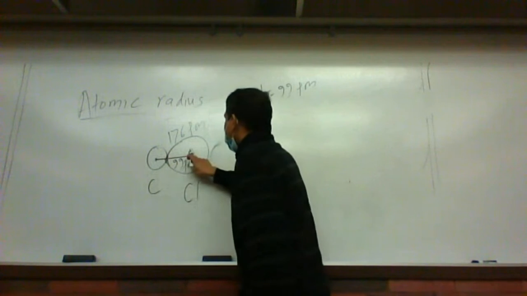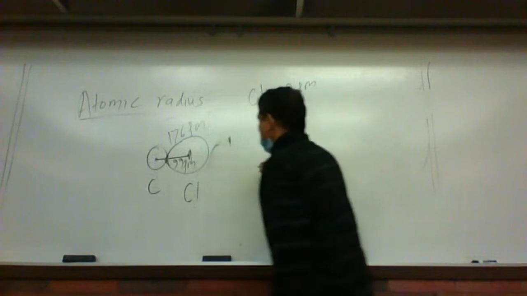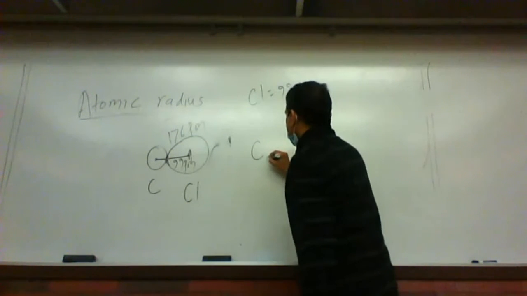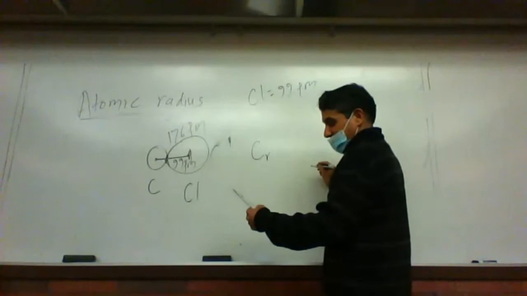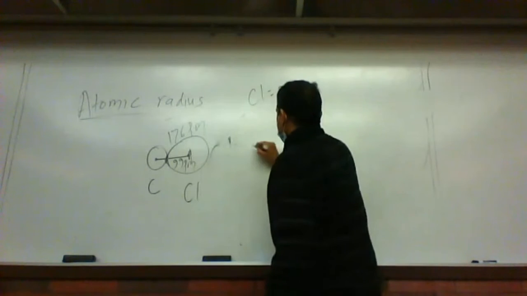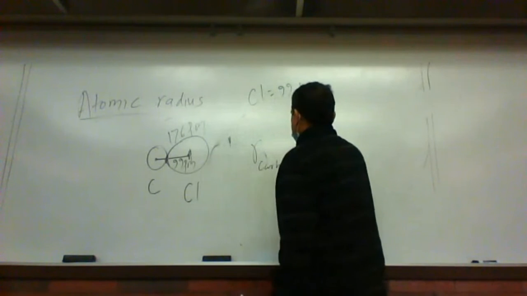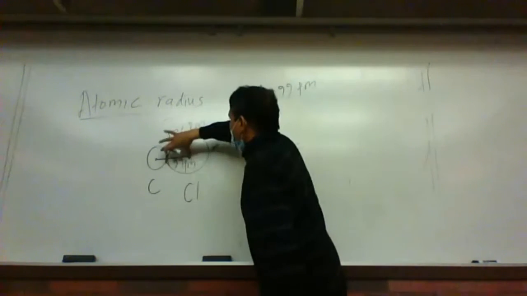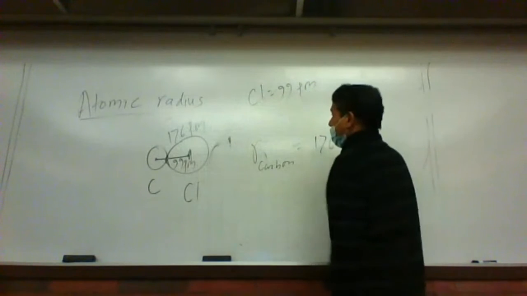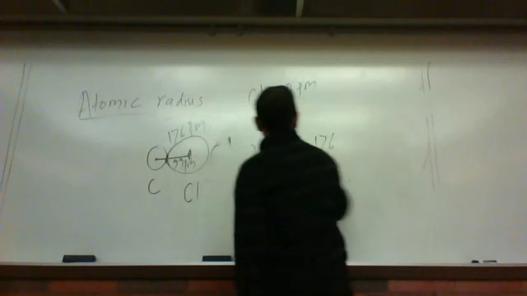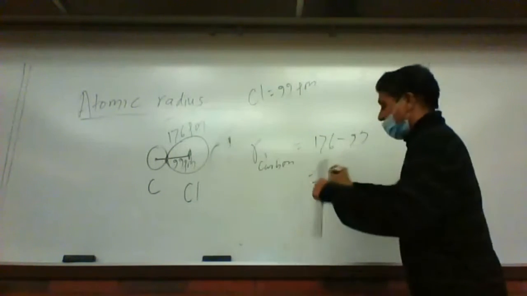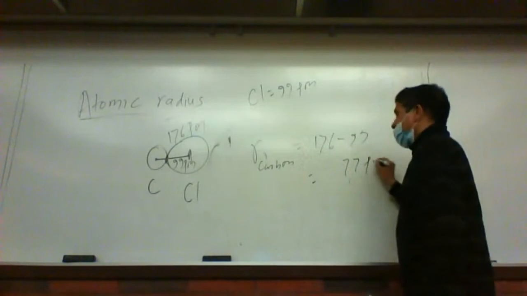So from here to here is 176, from here to here is 99. So for the radius of carbon, you already know the total distance, that is 176, and then you already know the chlorine, so minus 99. That gives you 77 picometers.